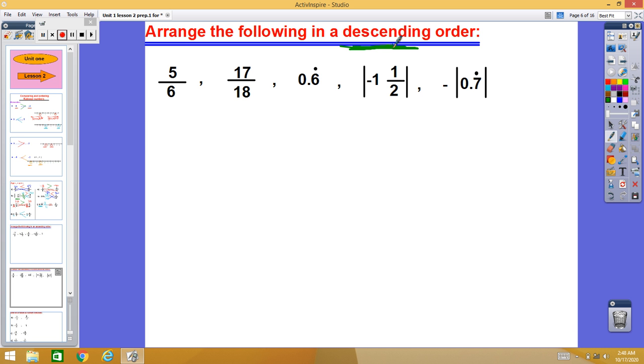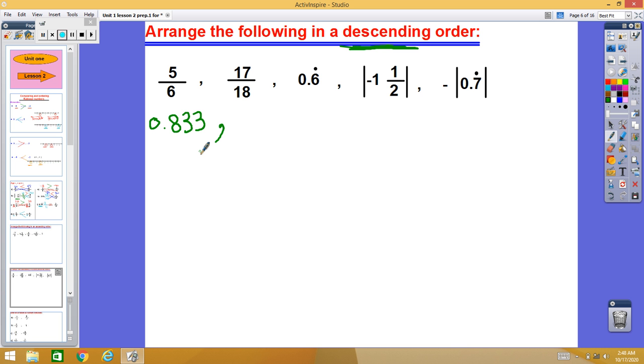So you can write 5 over 6 in your calculator and then write equal. You get 0.833333 and so on. But we don't need to write all of these decimals. You choose only 3 decimal places. So we will write 0.833. It's enough.